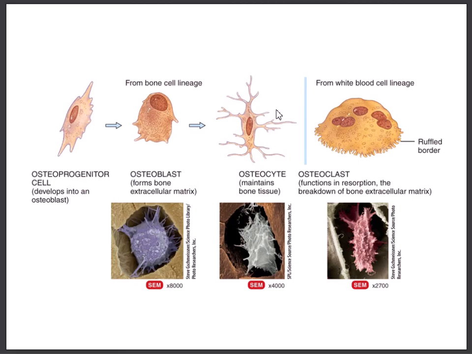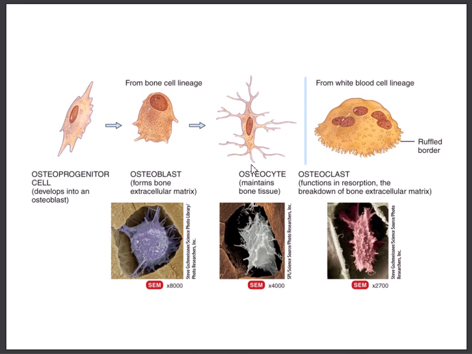Let's take a look at the Martini interpretation of this. So here's our osteoblasts. We had said previously they were formed by the osteogenic cells. Now they're osteoblasts. They produce the matrix, right? Once they become trapped in that matrix, they're going to become an osteocyte, which is going to be the next cell that we're going to take a look at.